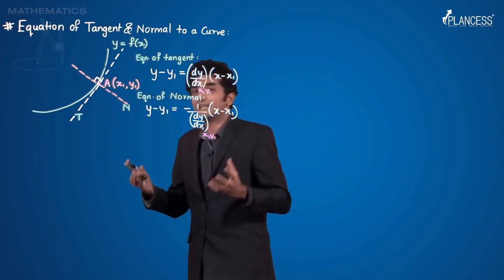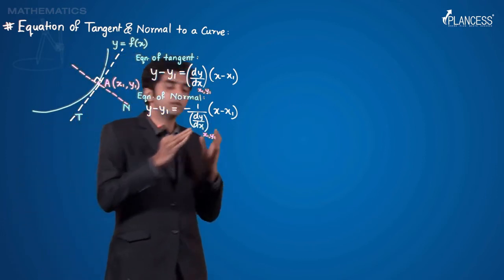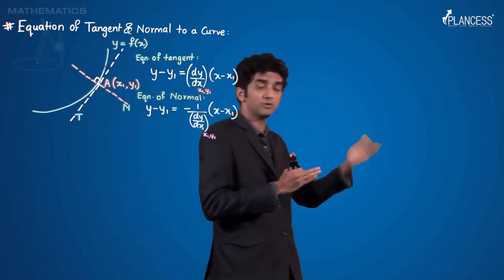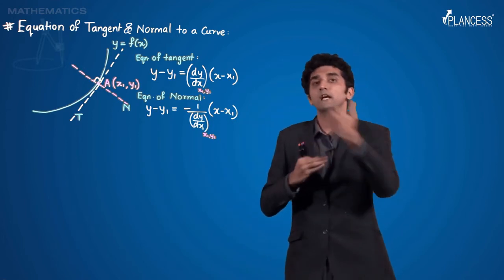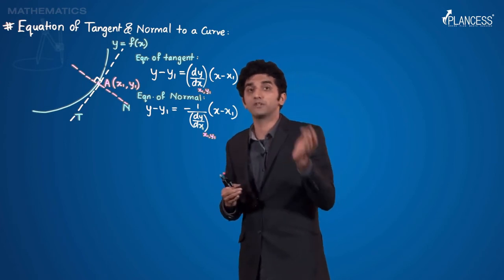So if the question says that the tangent to a particular curve is parallel to the x-axis, and then asks us to find something else, then we can find dy by dx and equate it to 0.